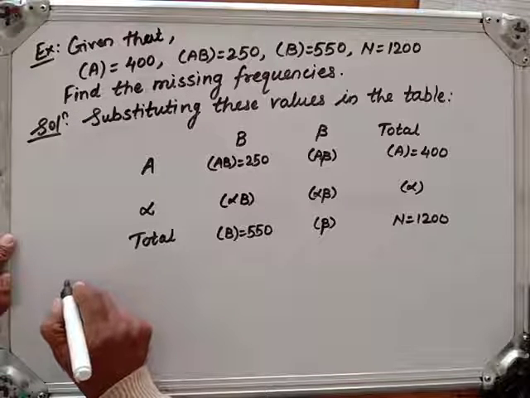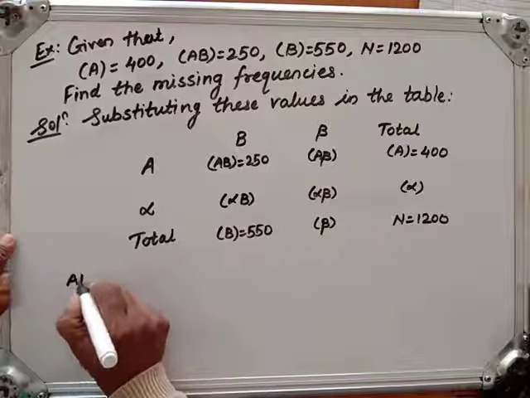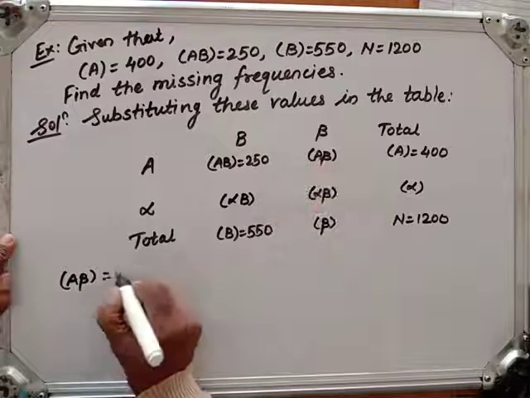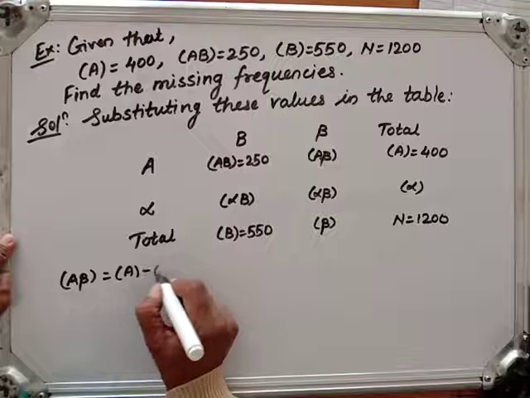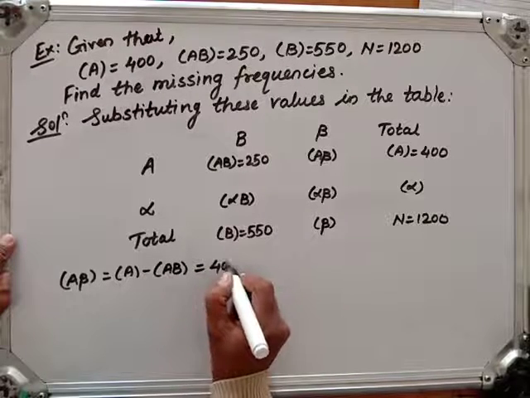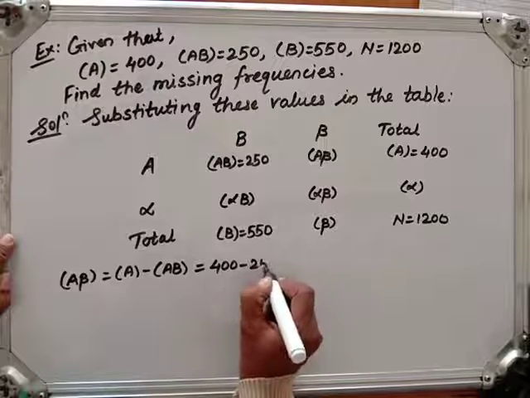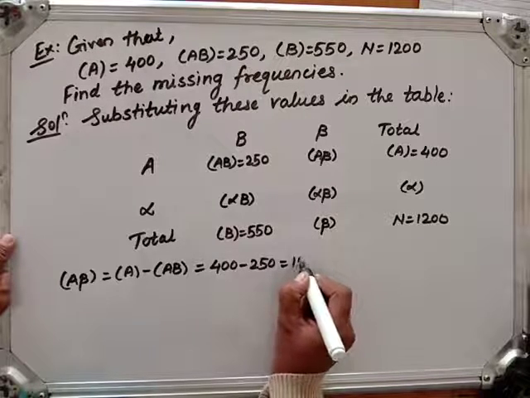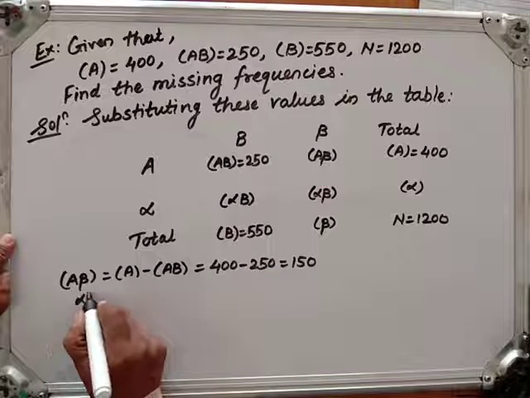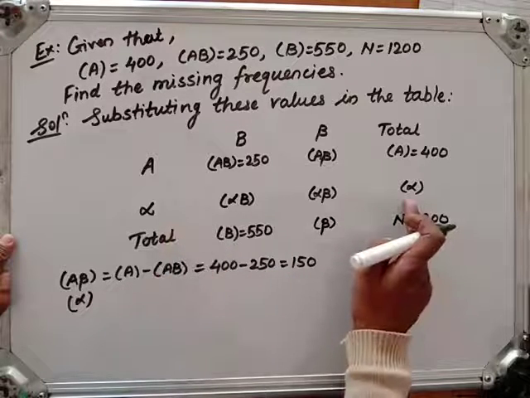Now look at here, A beta. What is A beta? It will be A minus AB, so that will be 400 minus 250, so it will be 150. Again we have to determine this alpha.